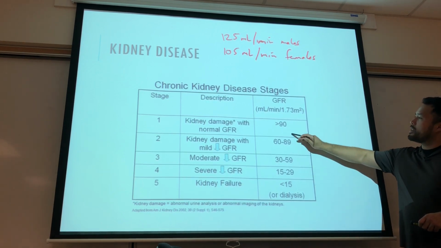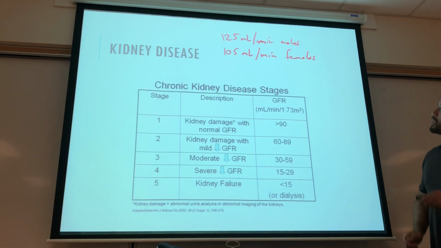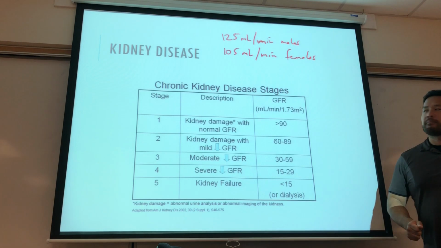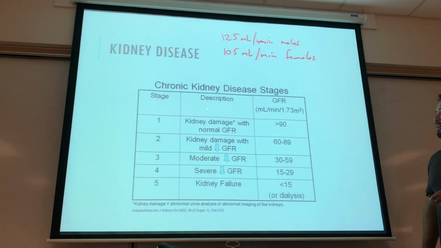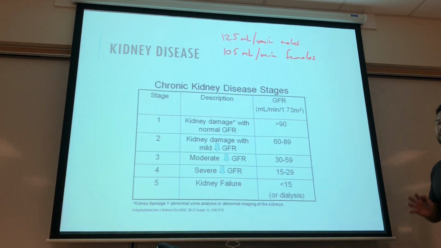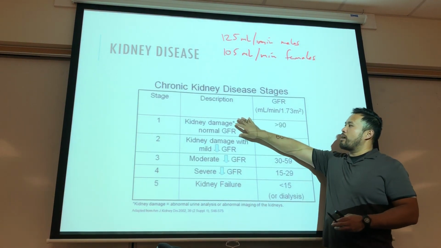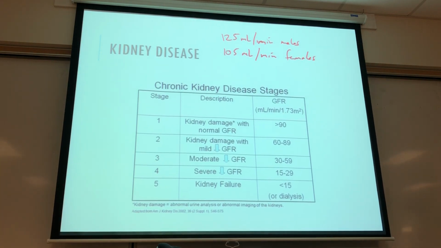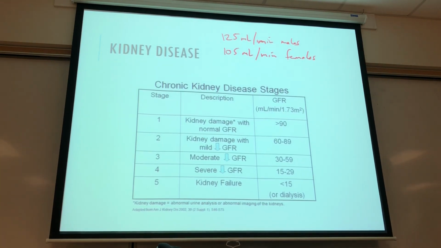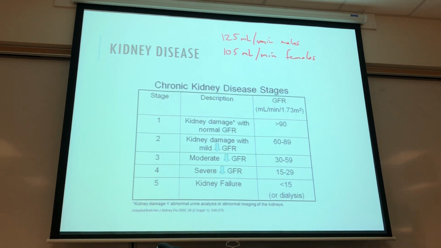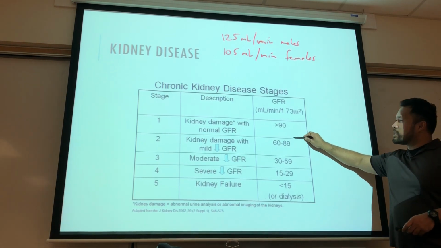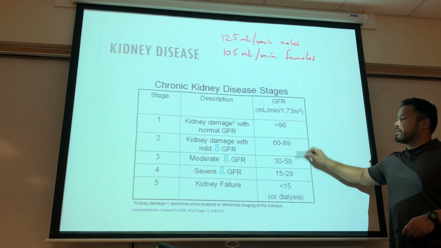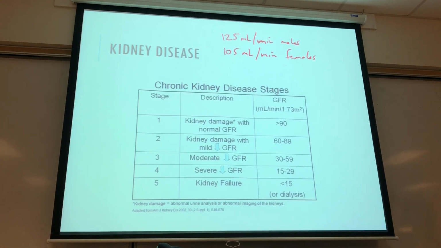Anything greater than 90, but lower than our normative values, will indicate stage 1 kidney disease. So you have slight kidney damage with a normal glomerular filtration rate. Typically they won't relate it to kidney damage due to the GFR. They're looking at some abnormal urinalysis, something else that's indicating kidney disease. Any more decreases in the GFR relate to stages 2, 3, 4, and then 5 of kidney disease.